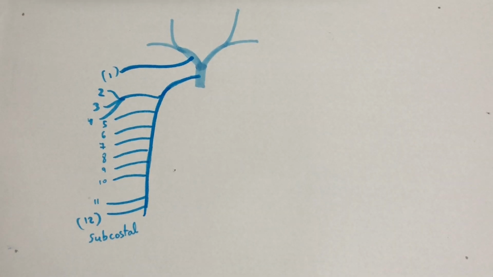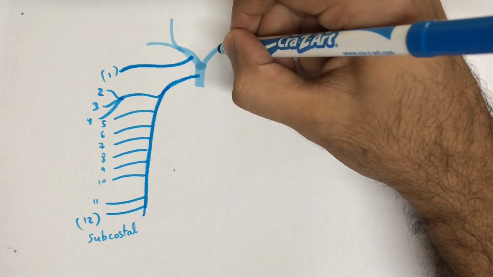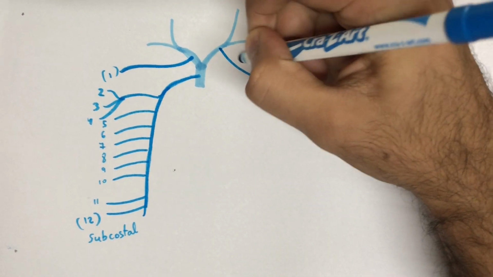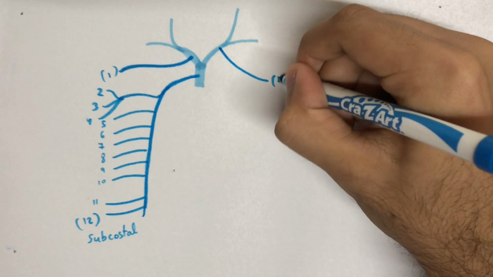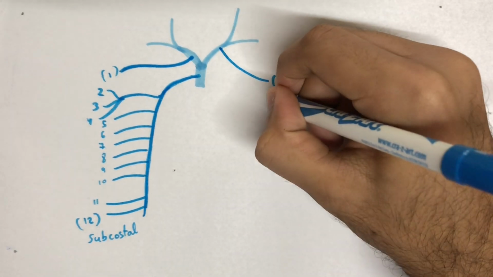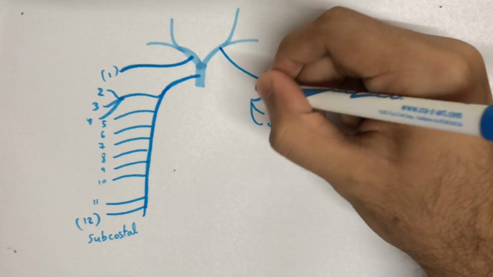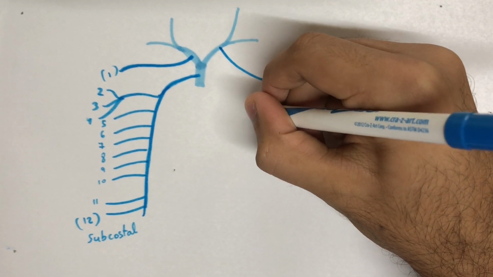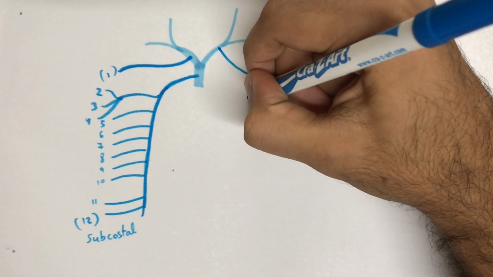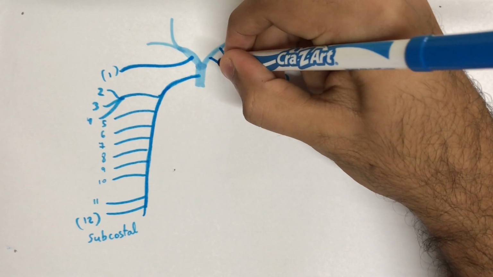Coming over towards the left side, the first intercostal vein will drain directly into the left brachiocephalic vein. Second, third and fourth will again join together to form the left superior intercostal vein, draining into the brachiocephalic vein of the left side.